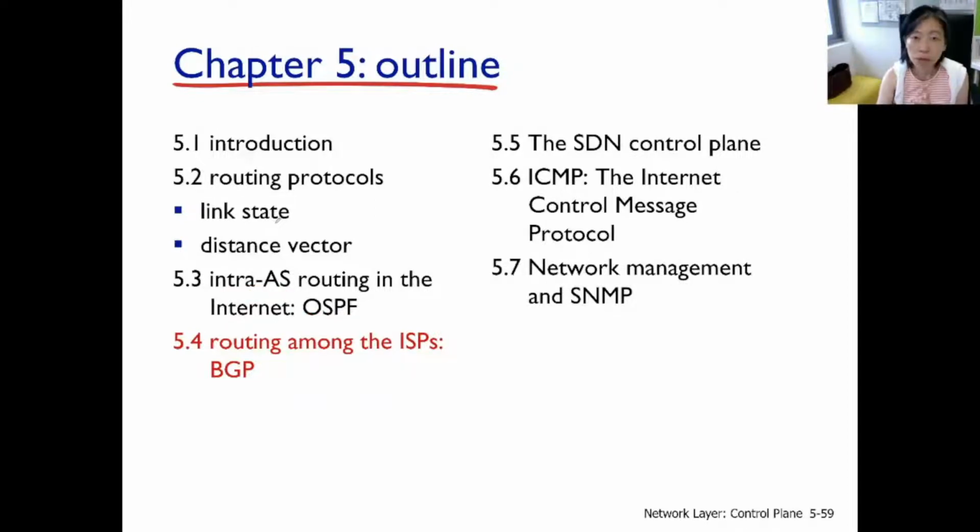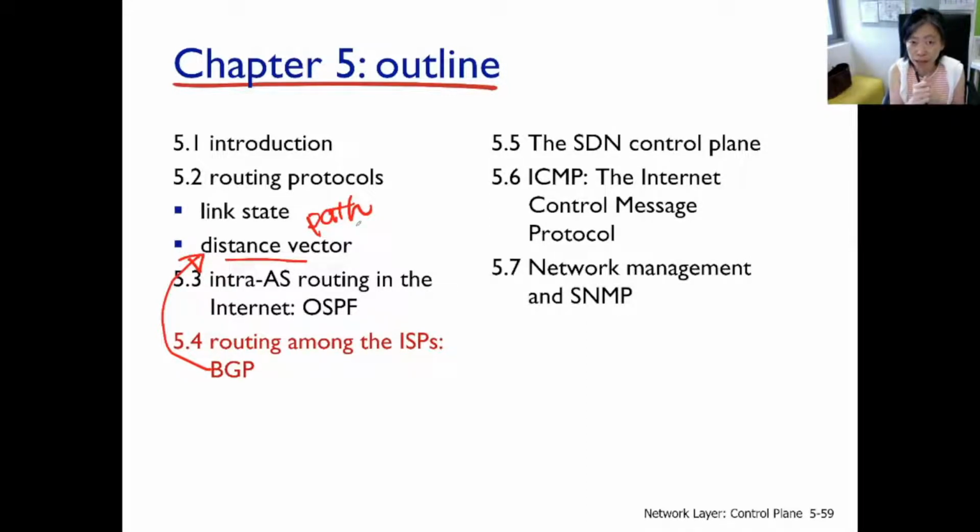We'll talk more about BGP, but let me share just a little bit ahead of time. BGP here is based on the distance vector routing. To be exact, it's based on the path vector routing. So in distance vector routing, the router tracks for each destination what is the shortest distance and what is the next hop along the shortest path to the destination.